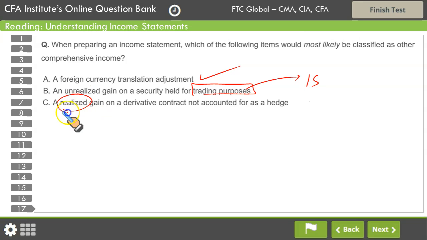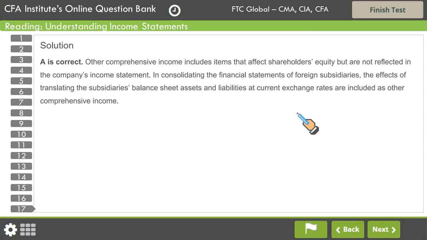A realized gain, mind the word realized, any realized gain or realized loss, by default goes to the income statement. So a realized gain on a derivative contract not accounted for as a hedge goes to the income statement. So B and C go to the income statement, A goes to other comprehensive income, hence A is your right answer.